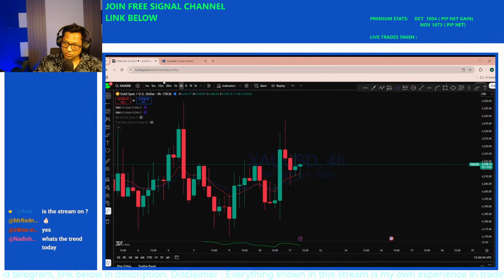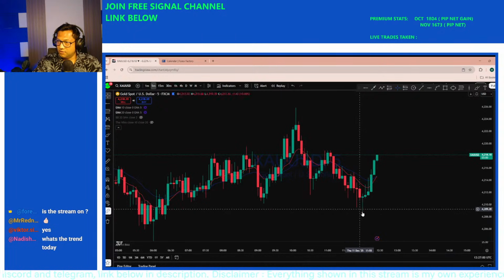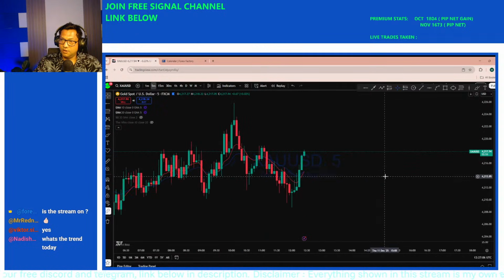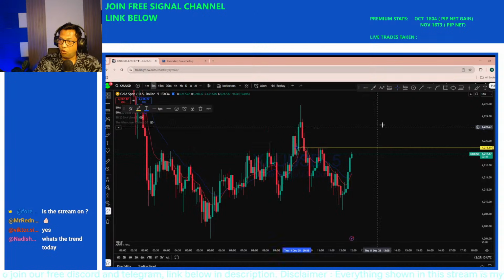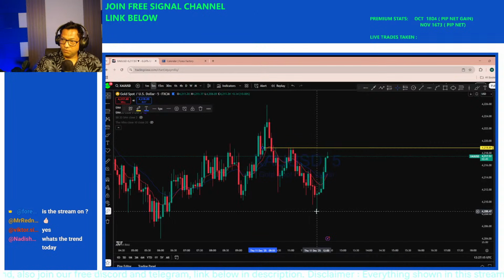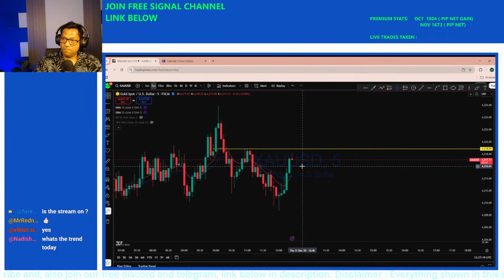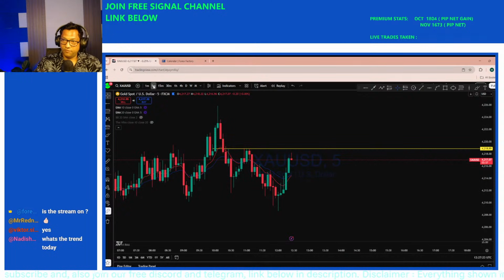If we look at the 5 minute trend here, there was a breakdown, and then from this support we see again a rejection. That means the market has straight bounced off that level. Now this move can reverse back again from that level.